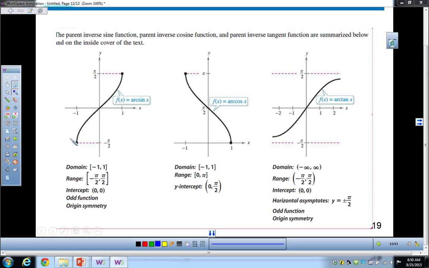But the inverse sine function looks like this. It has x values between -1 and 1, and it has y values between -pi/2 and pi/2, if I were to graph it, okay? You could just sketch these real quick, okay? Inverse cosine, its domain also goes from -1 to 1, okay?